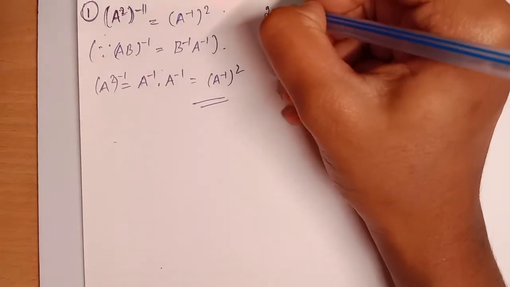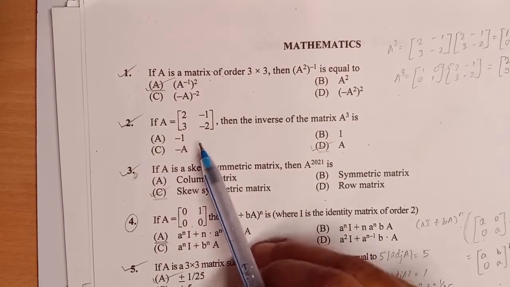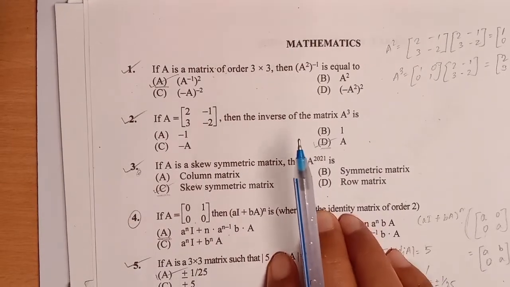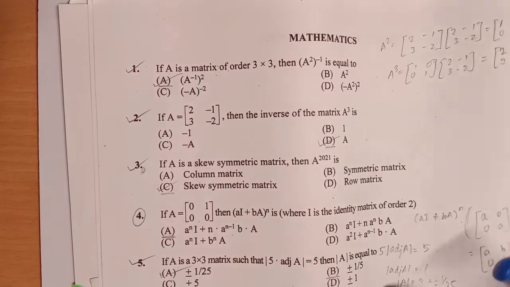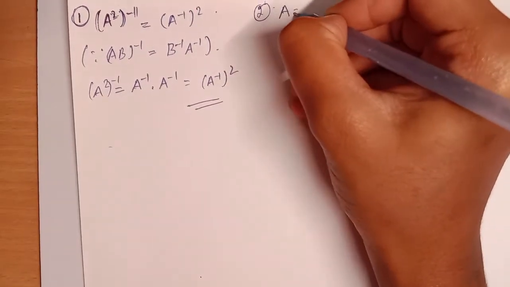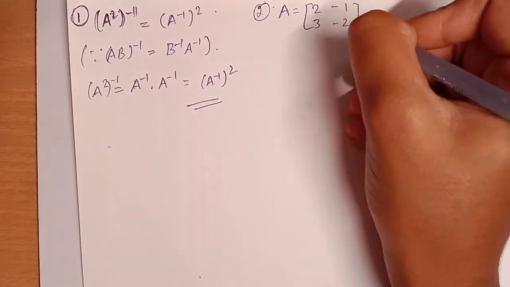Second question. If A is equal to the matrix 2, minus 1, 3, minus 2, then the inverse of the matrix A cube is. To find this, first we will find A square. A is equal to 2, minus 1, 3, minus 2.